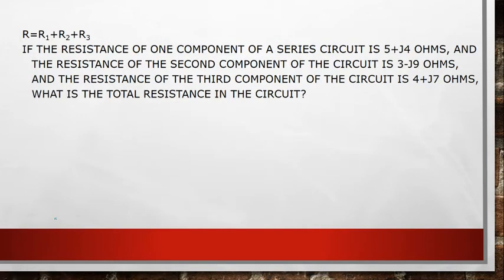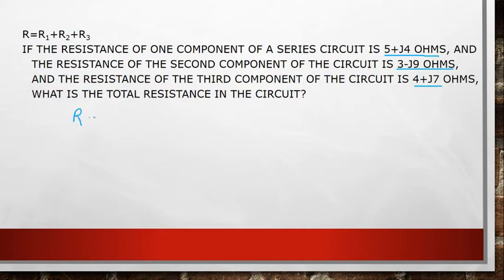If the resistance of one component of a series circuit is 5 plus j4 ohms, the resistance of the second component is 3 minus j9 ohms, and the resistance of the third component is 4 plus j7 ohms, what is the total resistance in the circuit? Alright, so we have our three resistances, so we're going to plug them into the formula for R1, R2, R3.